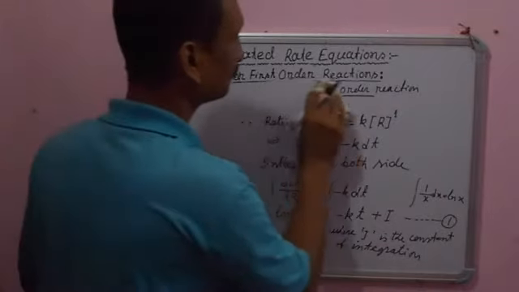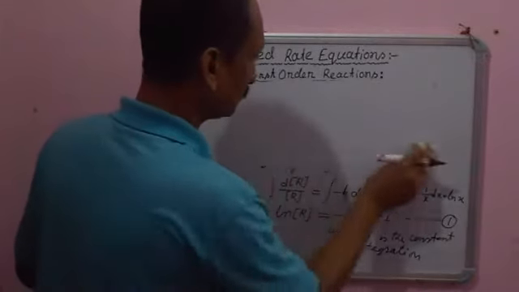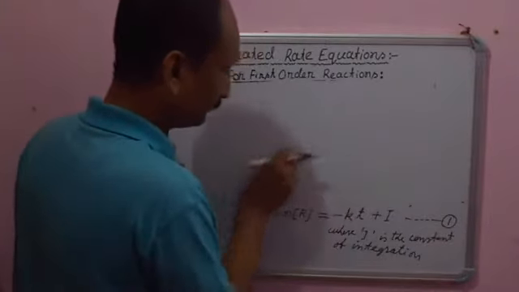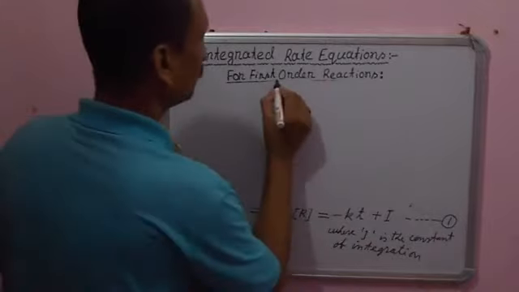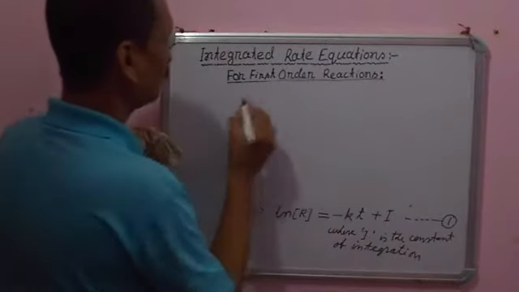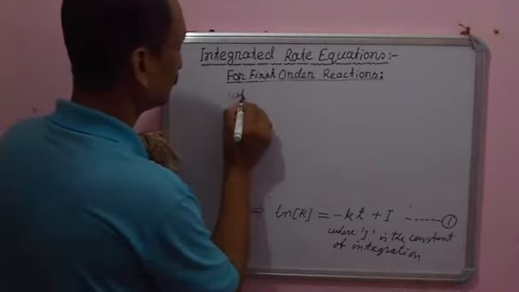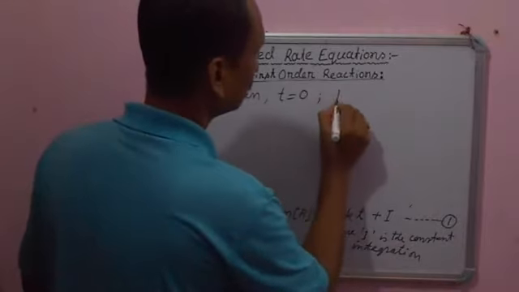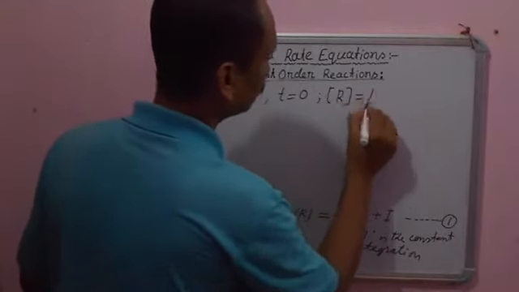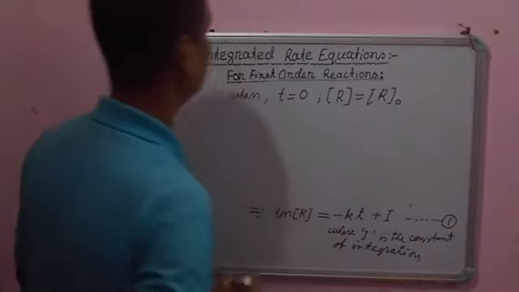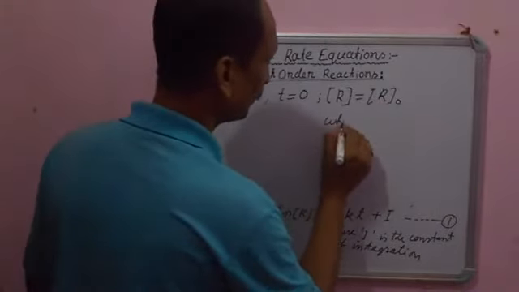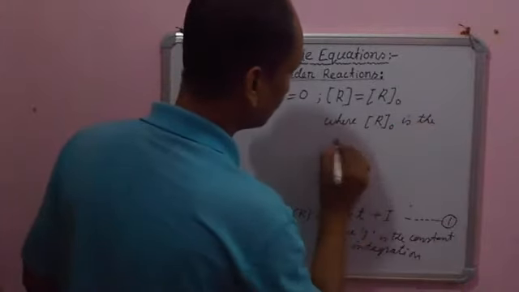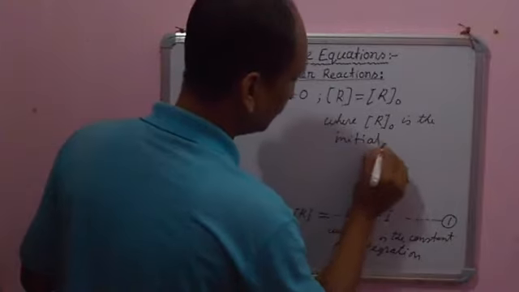So when t is equal to 0, R is equal to R naught, where R naught is the initial concentration.